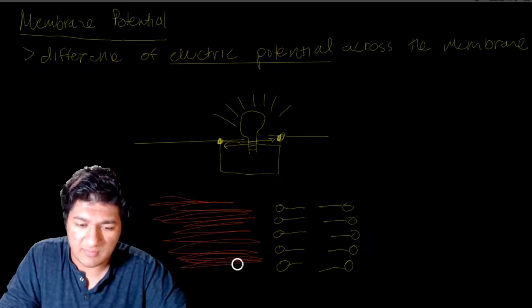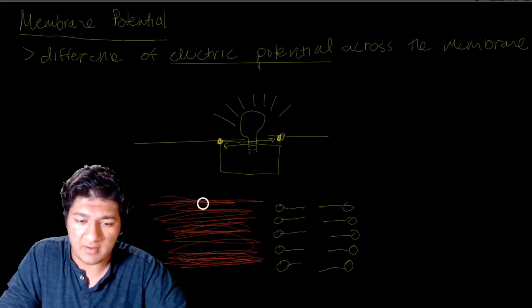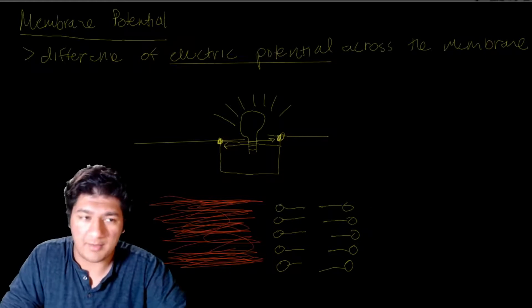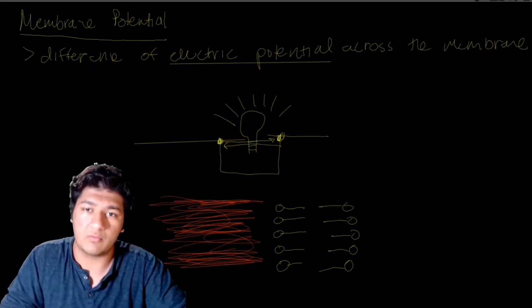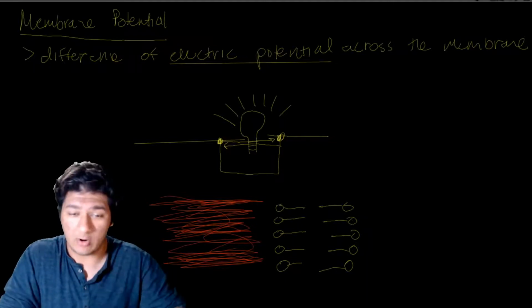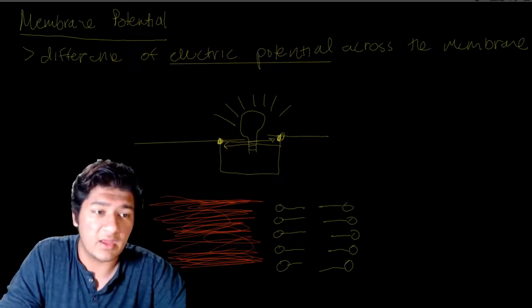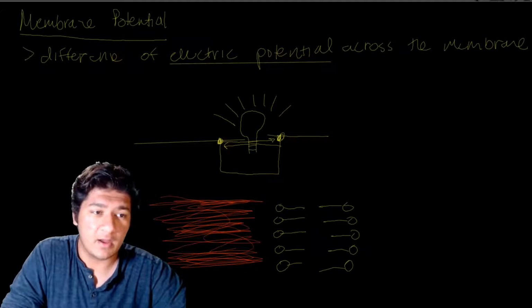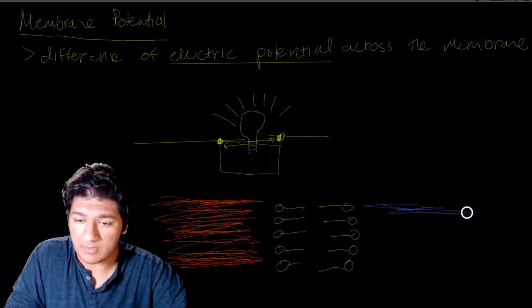I'm coloring this red because usually red denotes positivity, and I mean positivity as in there's more positive charge. And to contrast that, I'm going to have a blue color be the intracellular region.